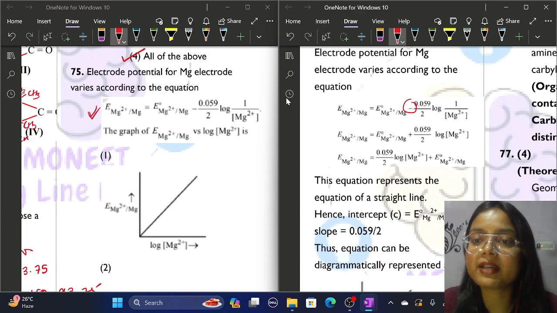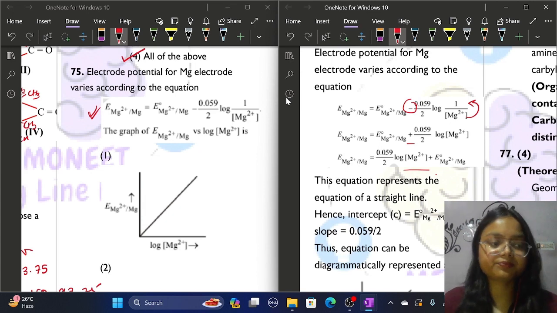We will change this minus sign by interchanging this, so here it is plus and the log comes at the numerator position.